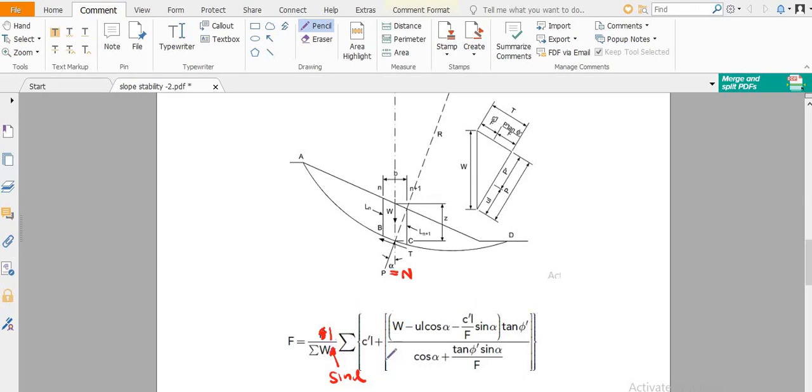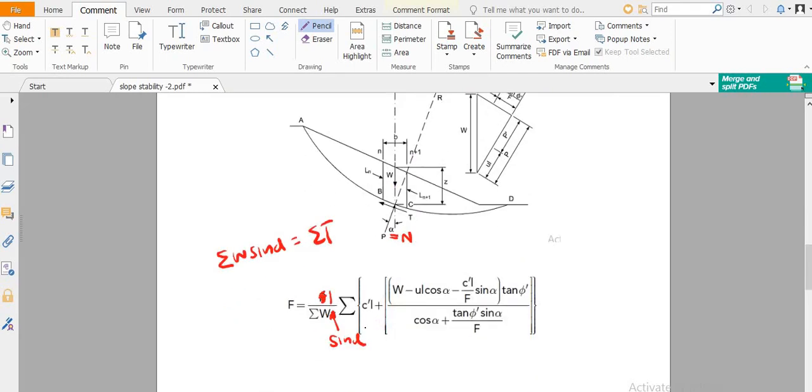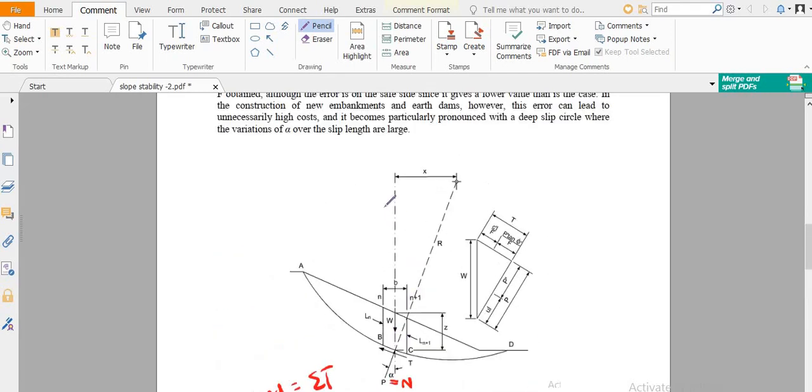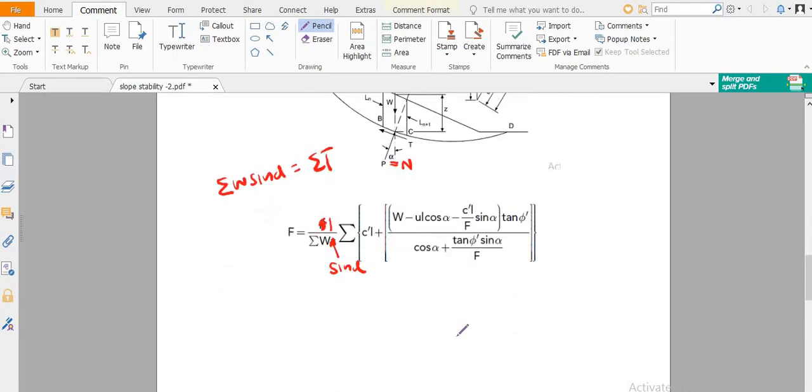So the other parts are the same. We know this sigma W sin alpha is sigma t, right? So that is some small modification you may have to make in your handout, right? But still this is correct, but the difference is here it has considered the moment equilibrium, not the force equilibrium, right? That is the difference. So anyway, it is the same equation.